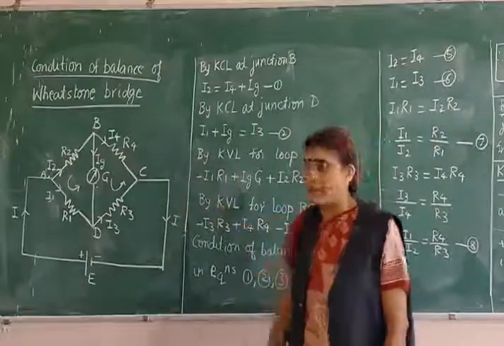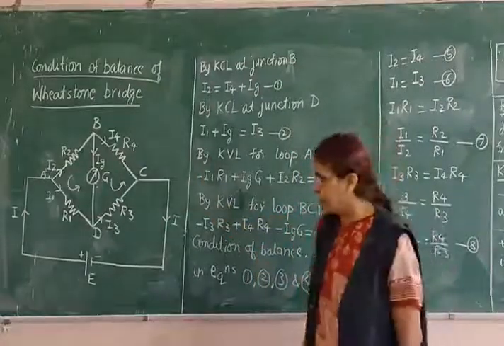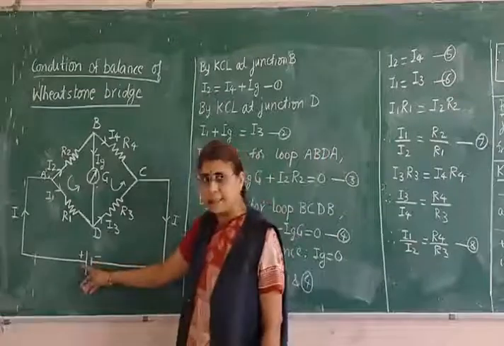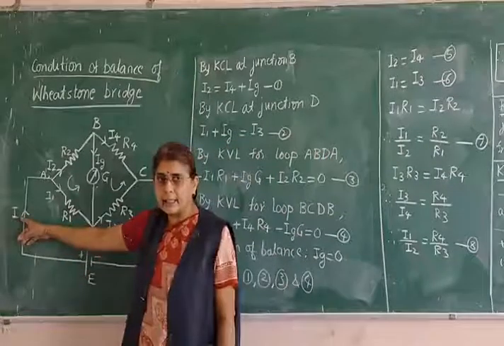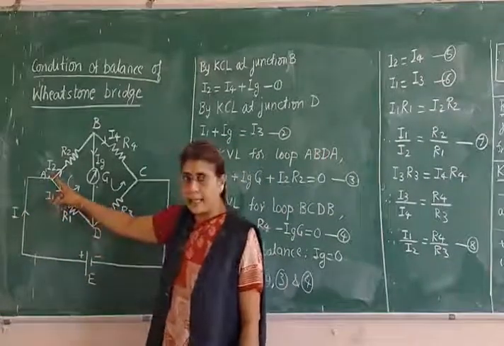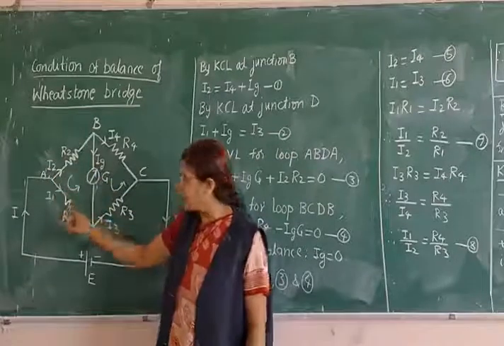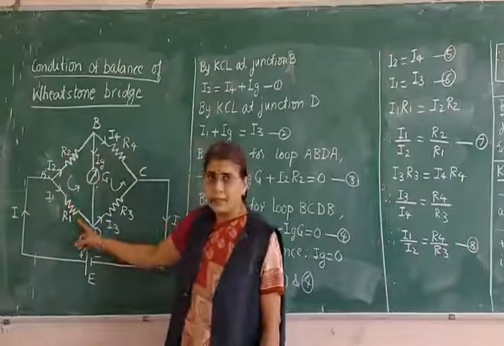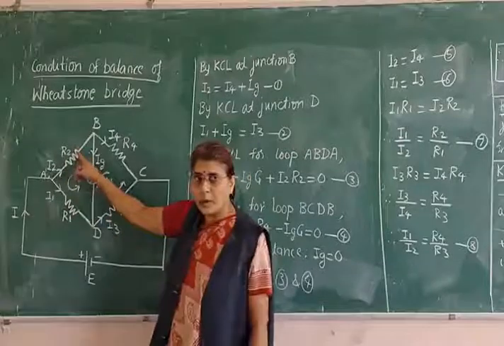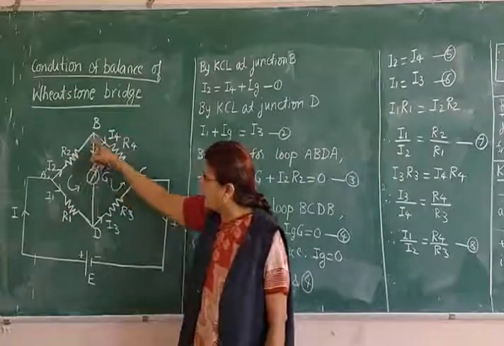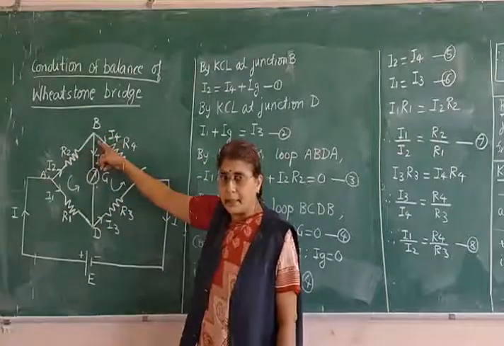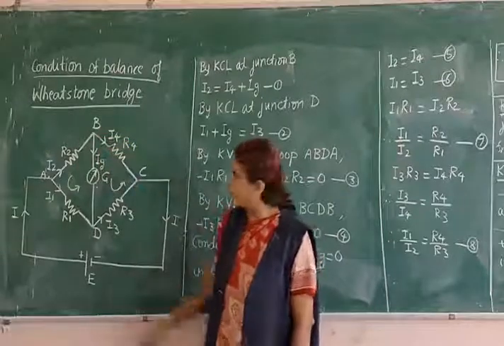Before that, you see clearly what the currents are over here. We start with the positive terminal of the battery. The main current is I. The current I comes to the point A. It divides into 2 branches. I1 flows to R1 and I2 flows to R2. Then this I2 comes to the point B. Again it divides into 2 branches.